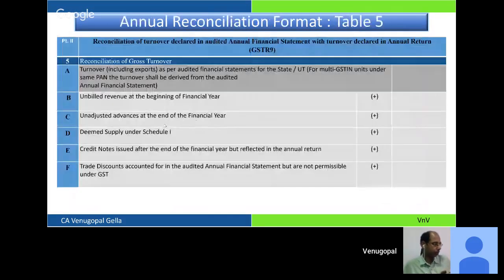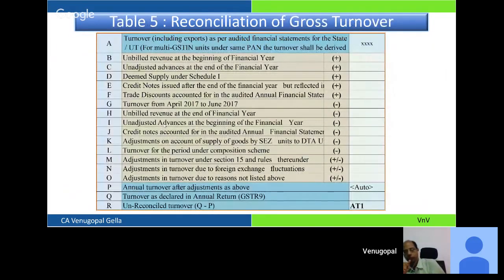Table 5 is also designed in the same way, saying what is the turnover as per audited financial accounts carved out to GST NID, and we are going to do various adjustments. The various adjustments begin with unbilled revenue, which is at the beginning of the financial year, so wouldn't have been recognized as revenue in the previous financial year, but for the purpose of GST, it is revenue.